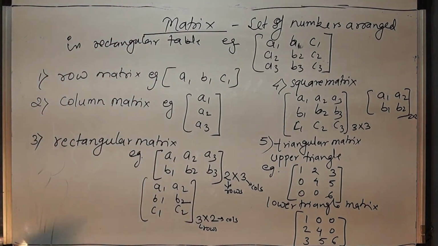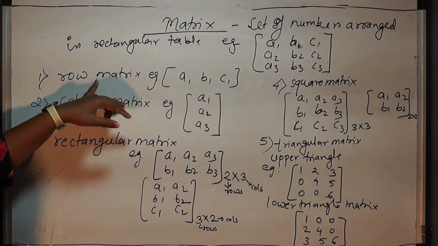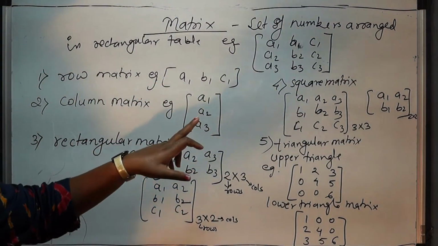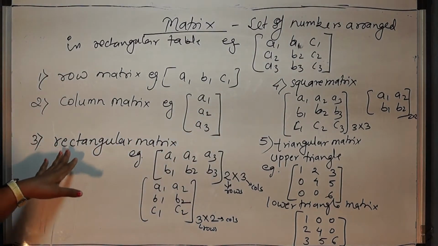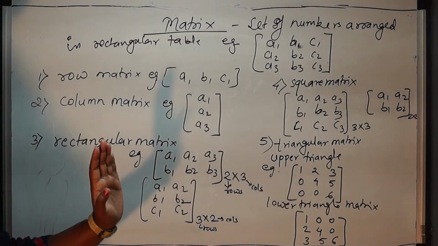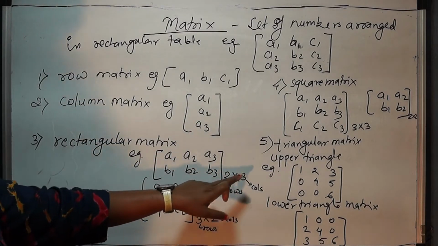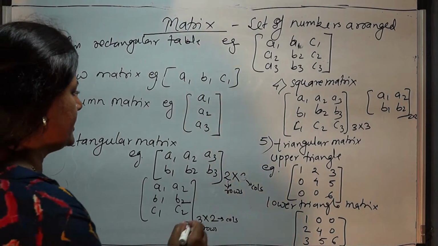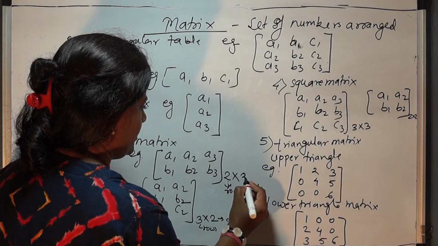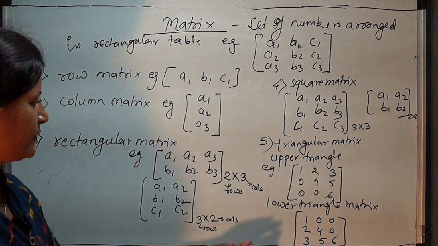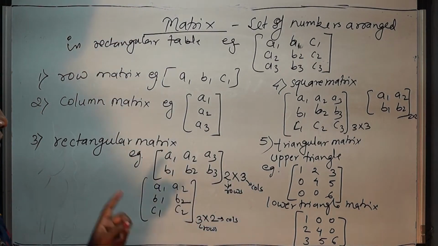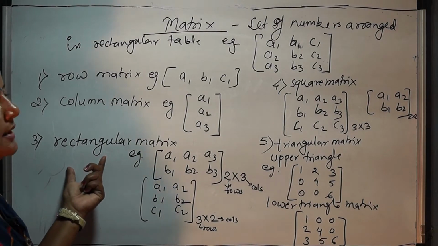So these 5 types, just have a look. Row matrix means only one row, column matrix means only one column is there in that matrix. In rectangular matrix it follows the property of a rectangle, the number of rows and columns are not the same. Either rows are greater than columns or columns are greater than rows.